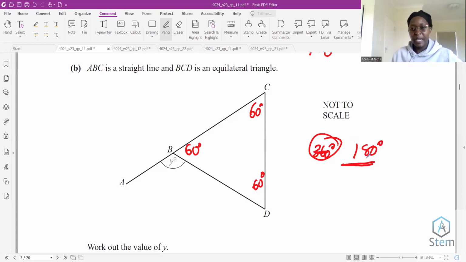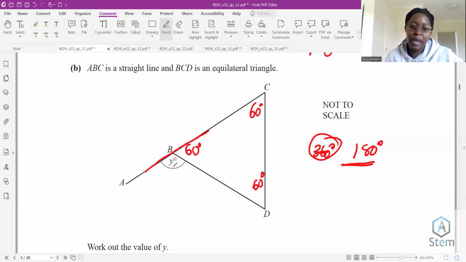Okay, fine. Then we also know that angles on a straight line, this is a straight line, if you can see this one, please don't mind my line, it's not as straight as I had assumed. So this is a straight line, yes. Angles on a straight line also add up to 180 degrees.